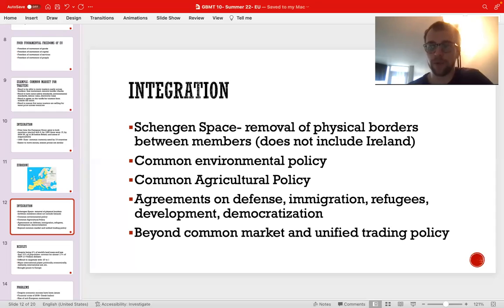They also cooperate regarding refugees and immigration. And they have some common security institutions, but not as integrated there as some would like to see. They also contribute collectively in democratization, which has been a major issue for EU states, specifically in Eastern Europe. So it's beyond a common market and unified trading policy here, right?